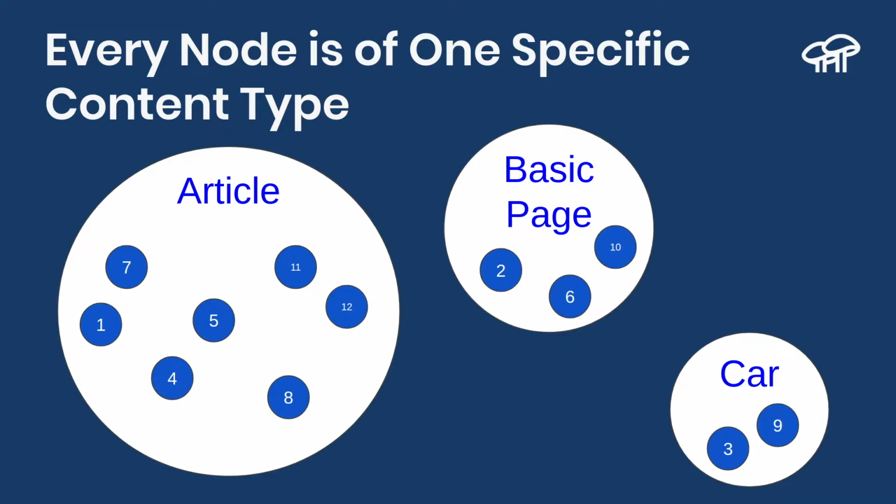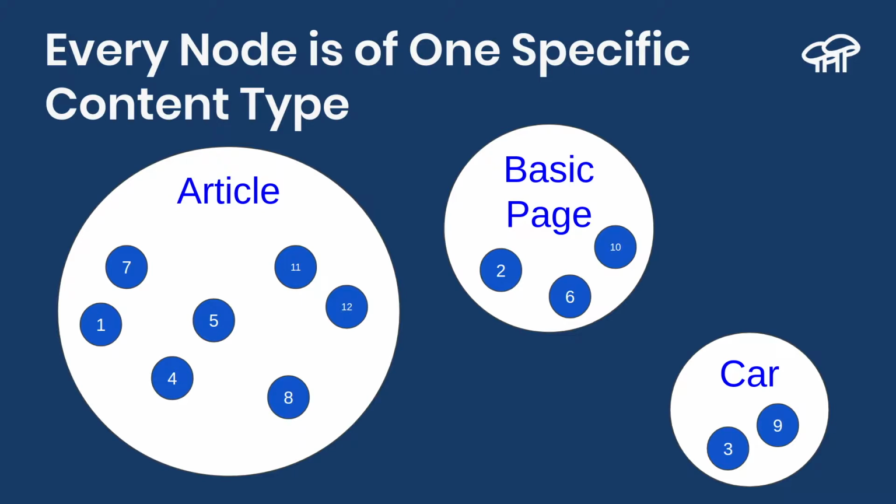It doesn't make a lot of sense to have one content type that only has one node or two nodes. If that happens, try to combine different content types in a way that allows you to have many. And the reason is the more content types you have, the more maintenance is going to be required on the website. So keep the content types numbers as low as possible, but you have the flexibility to choose how many you will want.